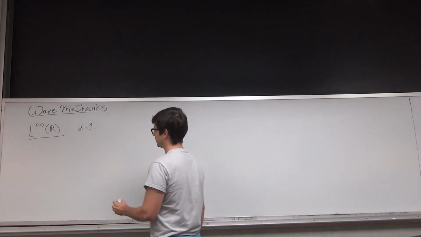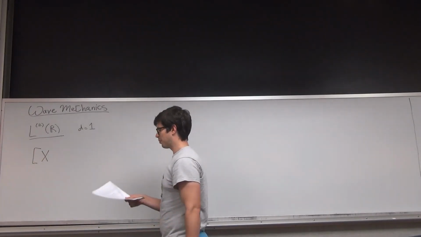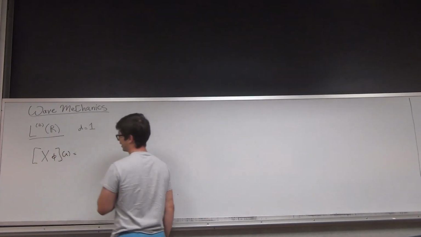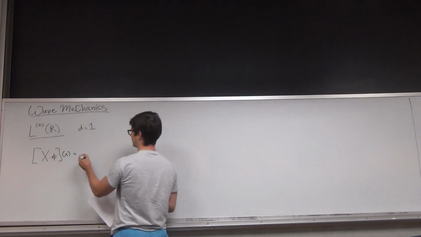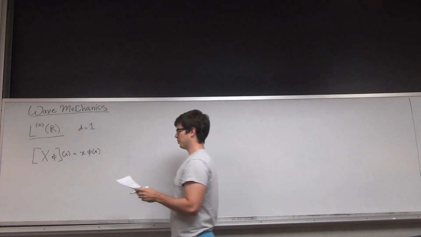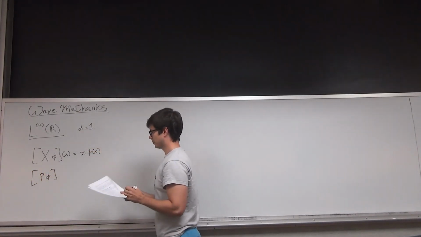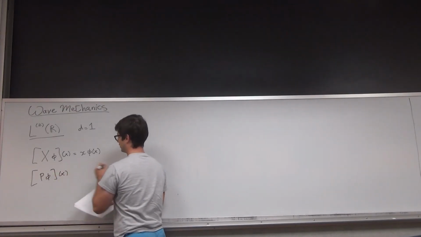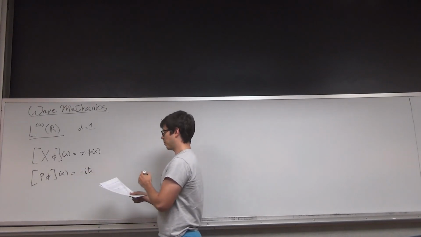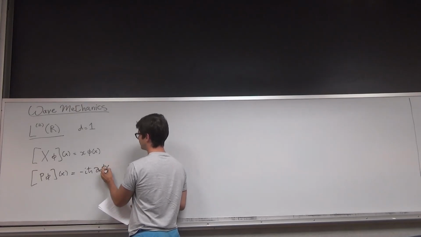And we know that if you act with a position operator on a wave function, which is a function of x, then this becomes x times phi of x, and we know that p acting on a wave function phi of x is minus i h bar times the derivative of phi.